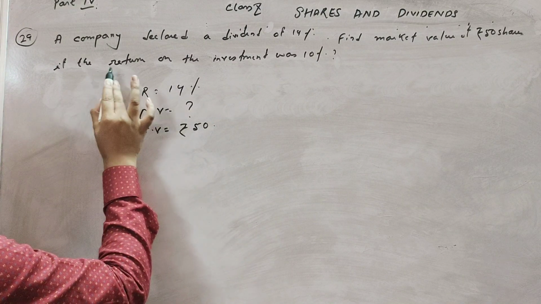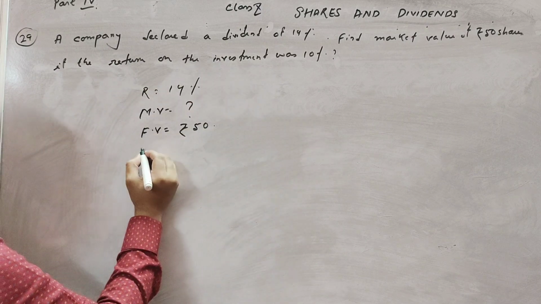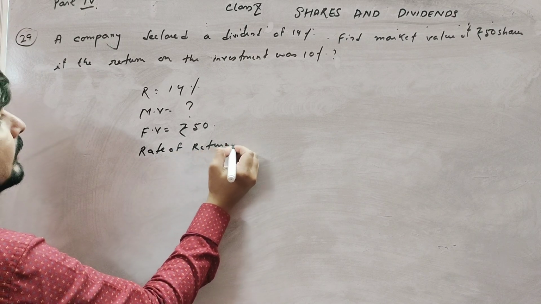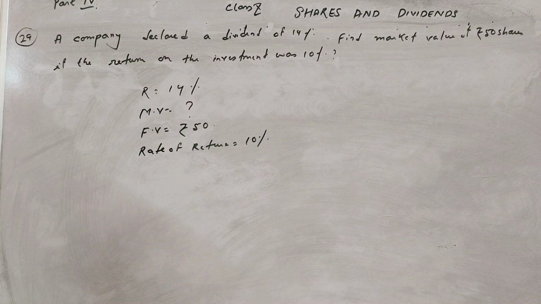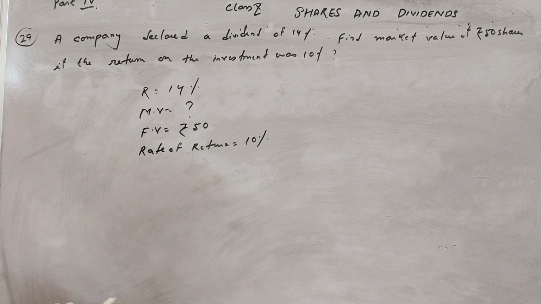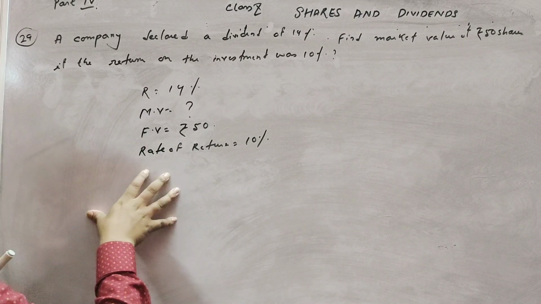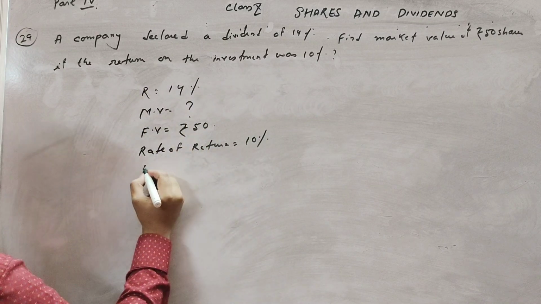The rate of return, that is the return on the investment, is given as 10%, and from it you calculate the market value. Since the market value is not given, we take the number of shares as 1.